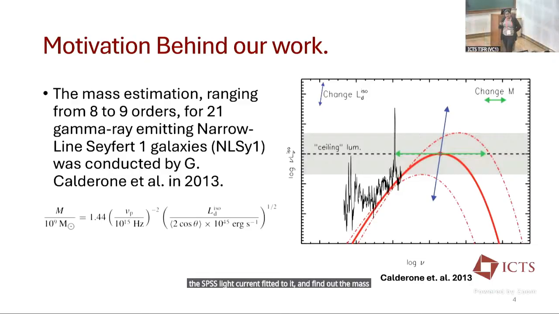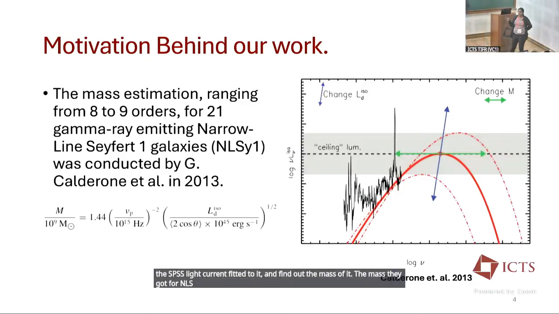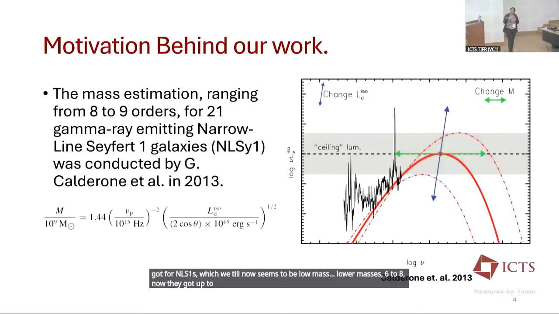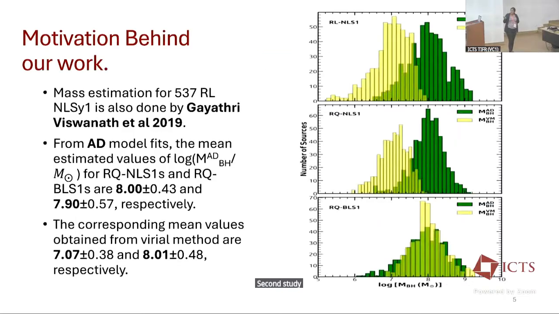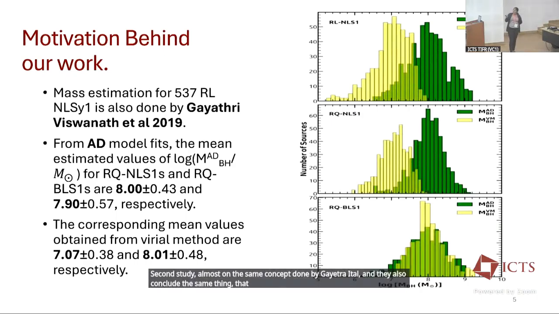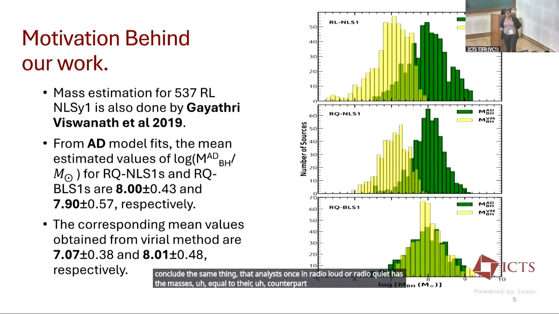The masses they got for NLS1s, which till now seemed to be lower, 6 to 8, are now up to 10 raised to power 8 to 9. A second study, on almost the same concept, was done by Gayatri et al., and they also concluded the same thing, that NLS1s, radio loud or radio quiet, have masses equal to their counterpart, which is broad line Seyfert 1 galaxies.